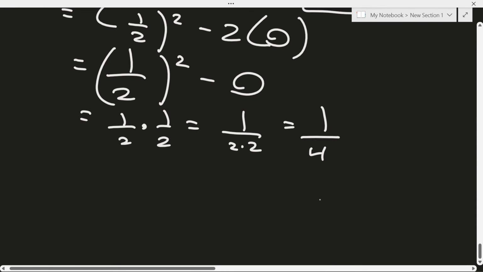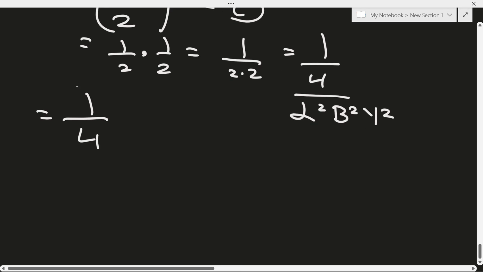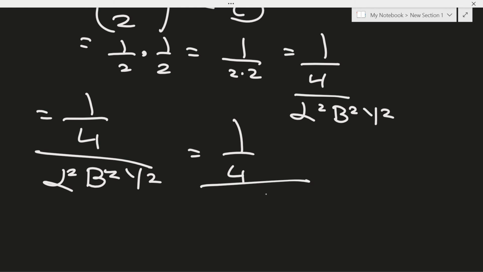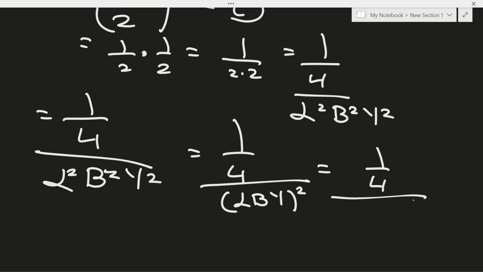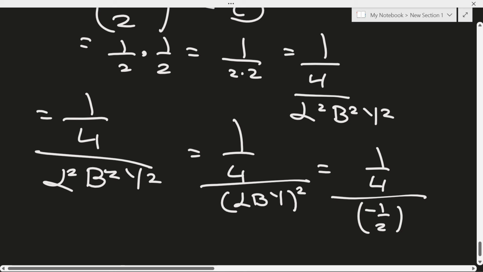We completely forgot to do the alpha squared, beta squared, gamma squared, right? So it's equal to a quarter divided by alpha squared beta squared gamma squared, equal to a quarter over alpha beta gamma squared, equal to a quarter over alpha beta gamma, which is the product of the roots, is equal to minus a half squared, which is equal to a quarter over a quarter, right?